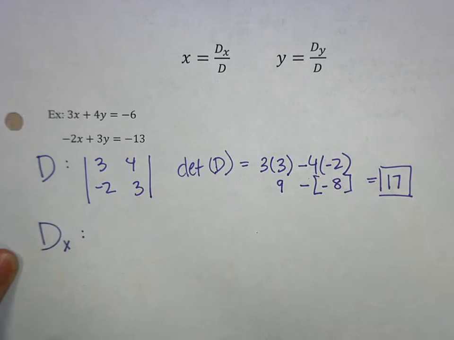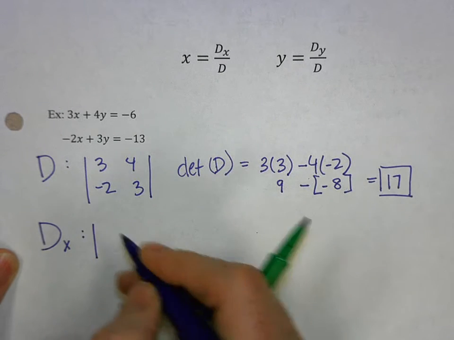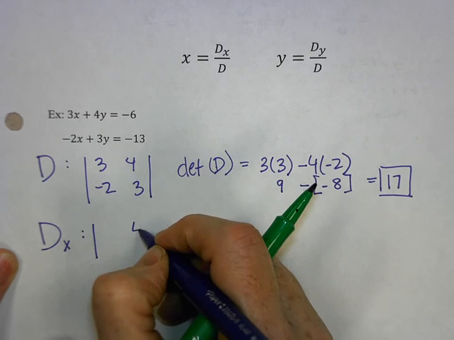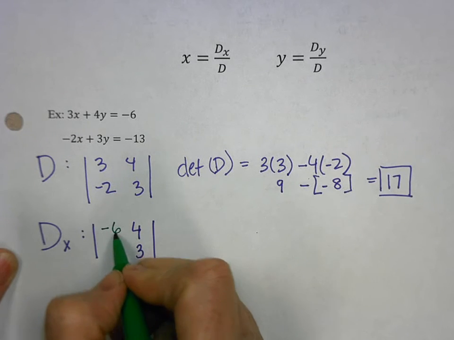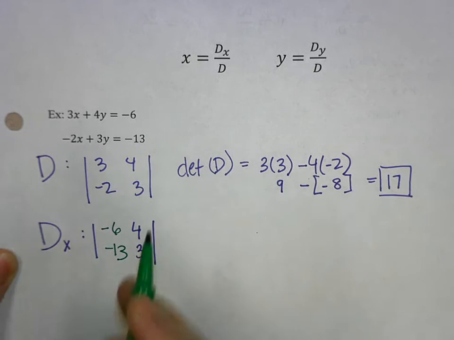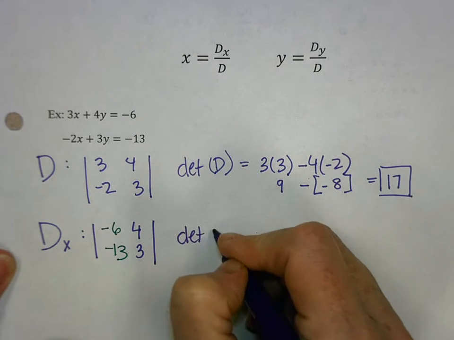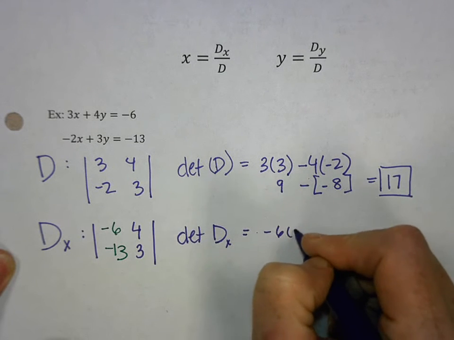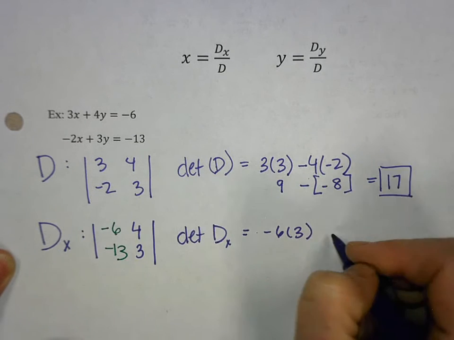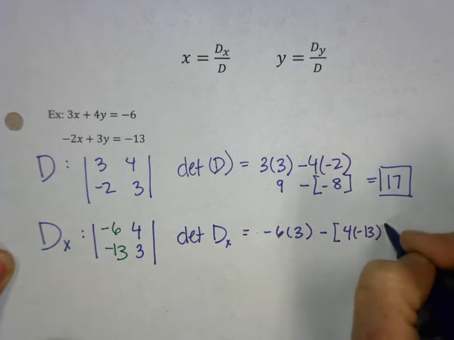Let's find D of x. What am I going to change? In fact, I'll just change the one column. I'm going to keep this column, and I'm going to put in negative 6, negative 13. And I will find the determinant of that. The determinant of D of x is negative 6 times 3, minus 4 times negative 13.